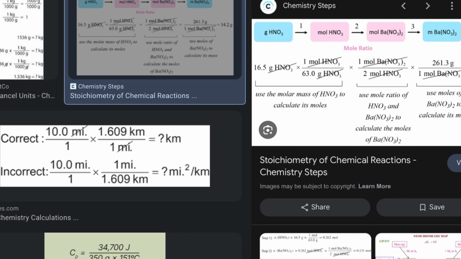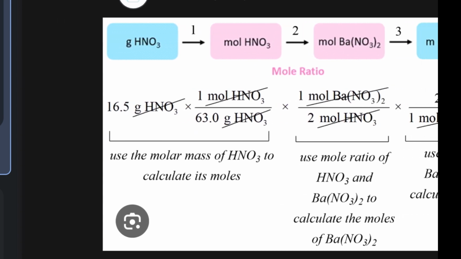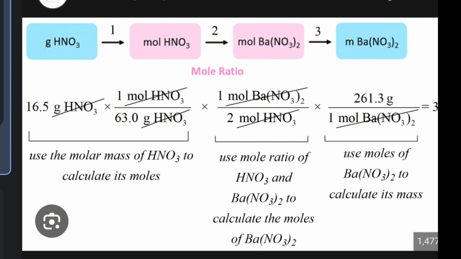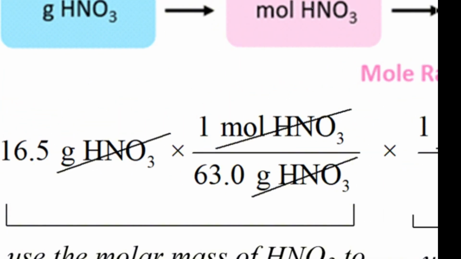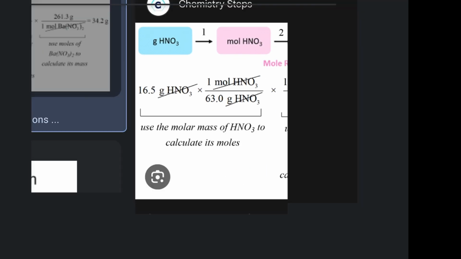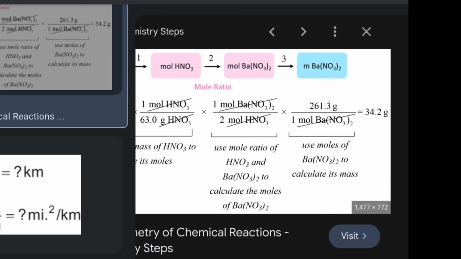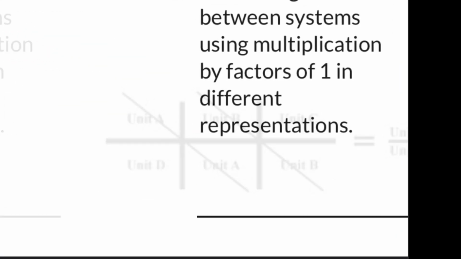Like in chemistry, there's something called stoichiometry, and you're basically having to cross out the different units to figure out the answer. For example, they originally had this, and they're trying to turn this from moles to just grams. So they had to do a bunch of math, essentially, and cross things out.